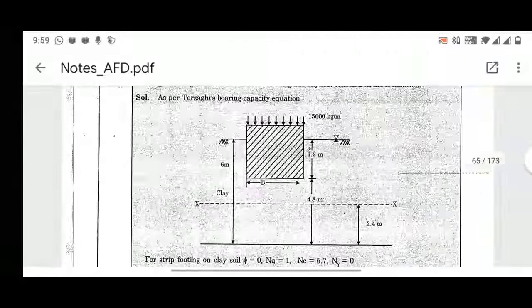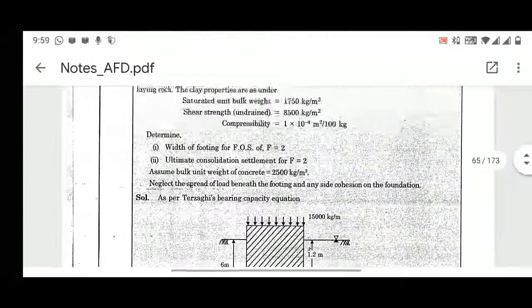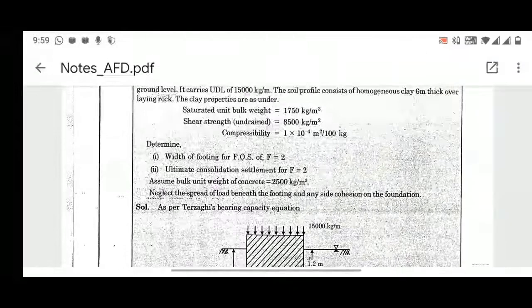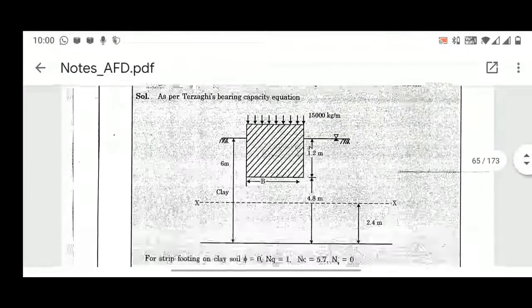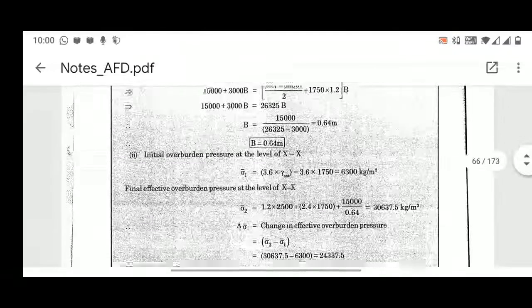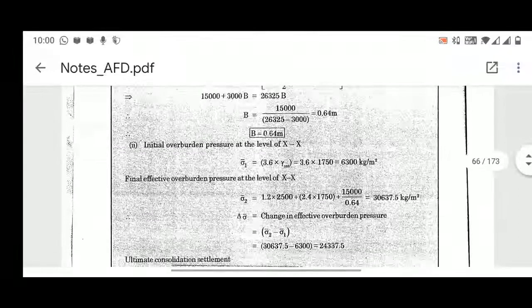Multiply 3.6 with the gamma. Which gamma do you have to take? You have to take gamma saturated. The saturated bulk unit weight is given as 1750. So 1750 multiplied by 3.6 gives you 6300 kg per meter cube. This is the initial overburden pressure at the level X6.